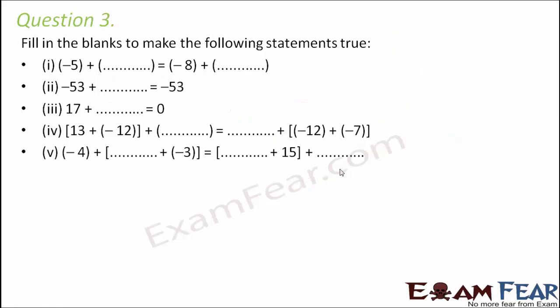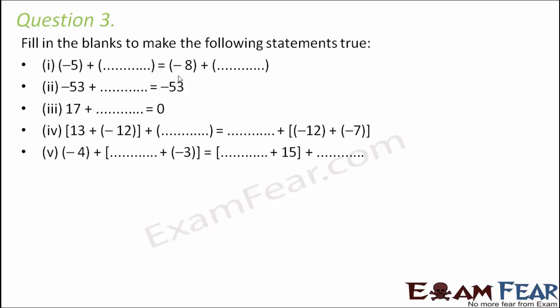Question number 3. Fill in the blanks to make the following statements true. -5 plus dash is equal to -8 plus dash. Now, try to remember the properties. When you add two numbers, even if you change the order, the sum remains the same. On the left hand side, you are given one integer, that is -5.